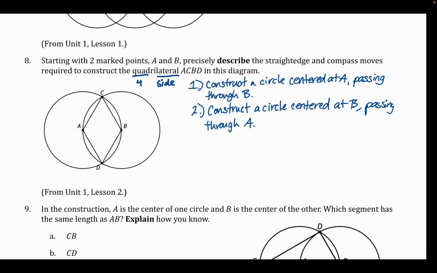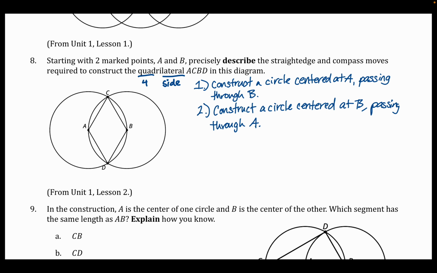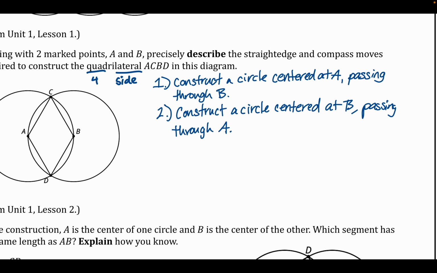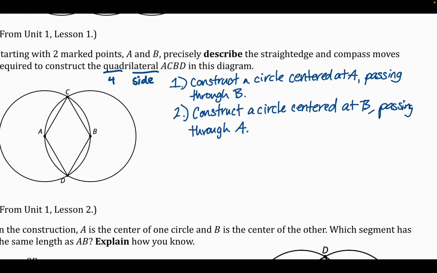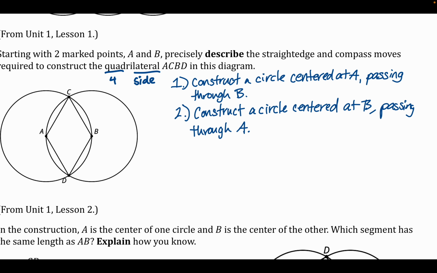I have a little bit more room on here. I don't want to cramp my handwriting too much. Now, we need to actually indicate points C and D. So we do have to include this as a step, that we're marking those points.